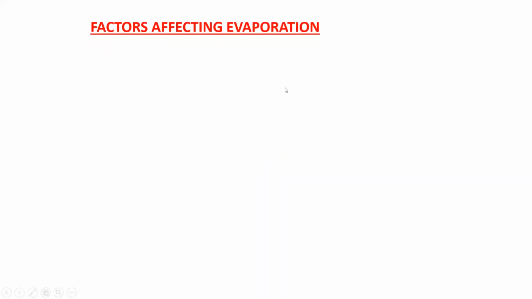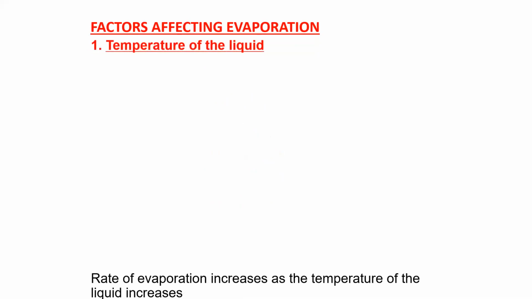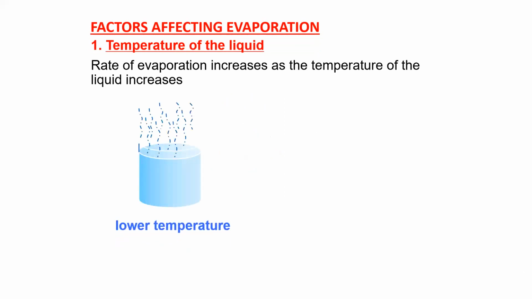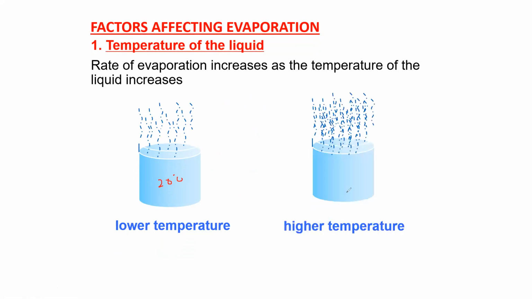There are factors which are affecting the evaporation. Number one, temperature of the liquid. The rate of evaporation increases as the temperature increases. So at a lower temperature, for example, you have a liquid at 20 degrees and you have a liquid at 30 degrees.